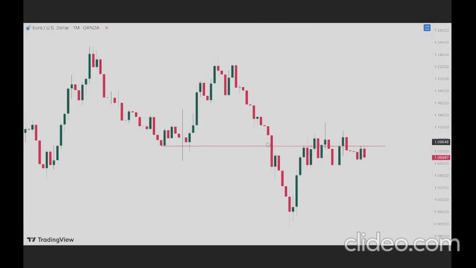But after the market made several moves, then it managed to break by this big candle, big bearish candle.